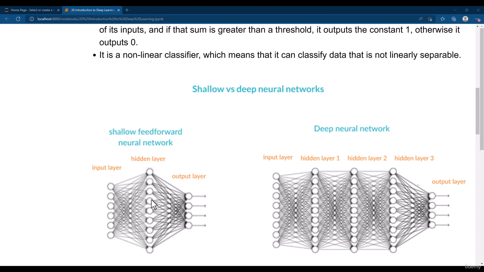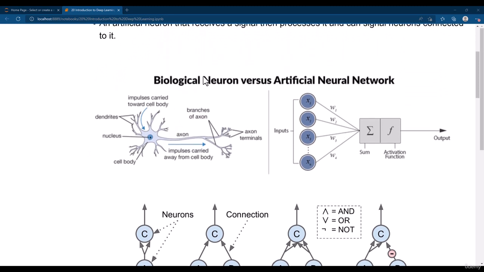So let me explain once again in terms of how this happens in a biological neuron. A signal comes here and then moves through the axon, and then there are the axon terminals, and this axon terminal is connected with another neuron in the human nervous system.